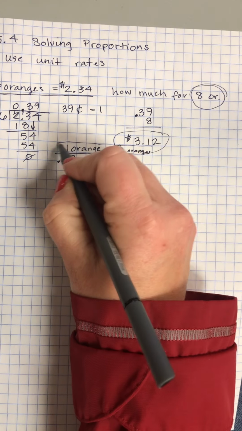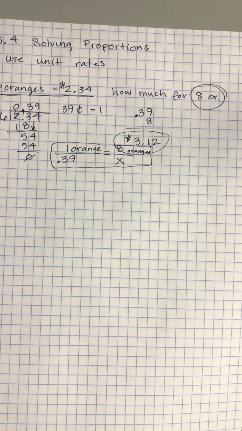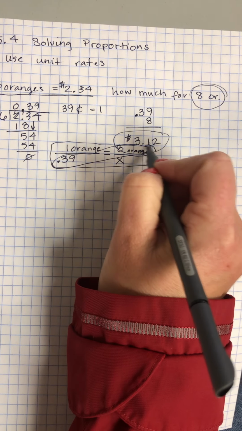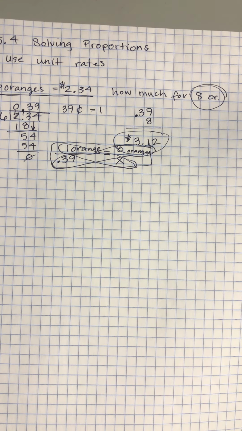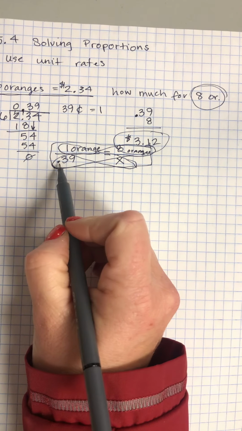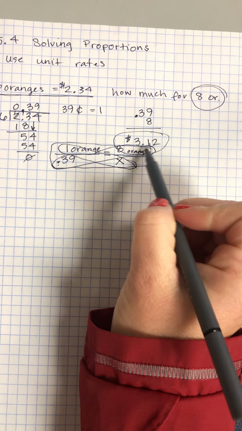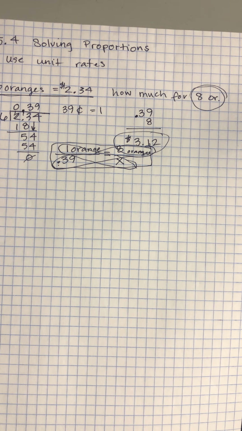So we have this set of equal ratios. And to solve a proportion with equal ratios, we multiply across. So we would cross multiply the 39 cents and the 8 and get our $3.12. We're going to do more without money so that it's a little bit clearer, but I just want you to see how you would build your proportion.